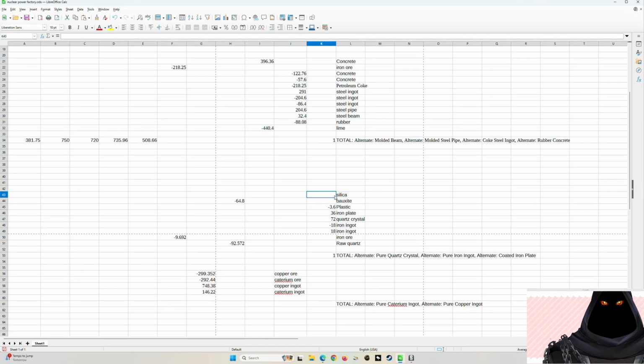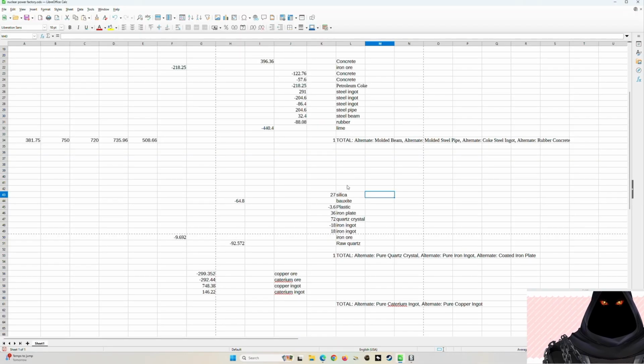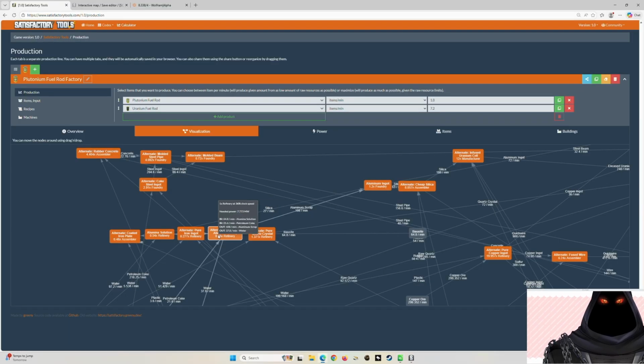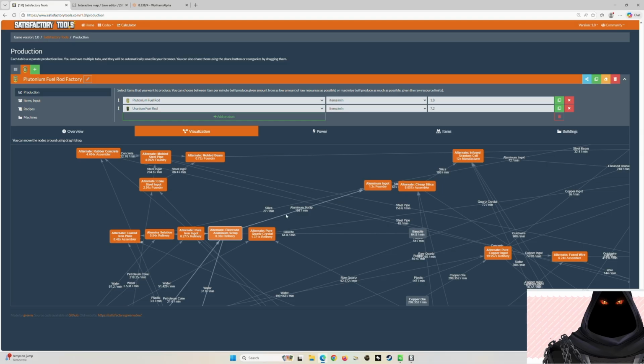So we're producing 27 silica. And we are consuming negative 12.6 petroleum coke.